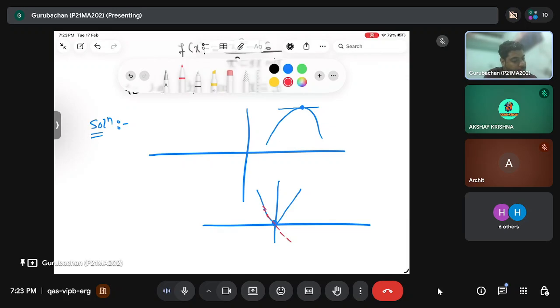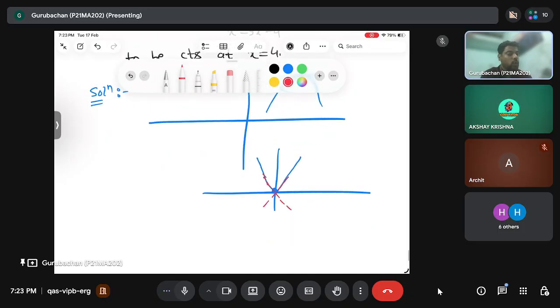And on the right hand side the tangent will be like this. Is it visible? Yes, sir. So that means there will be two tangents at 0. So that means the function mod x is not differentiable at 0.